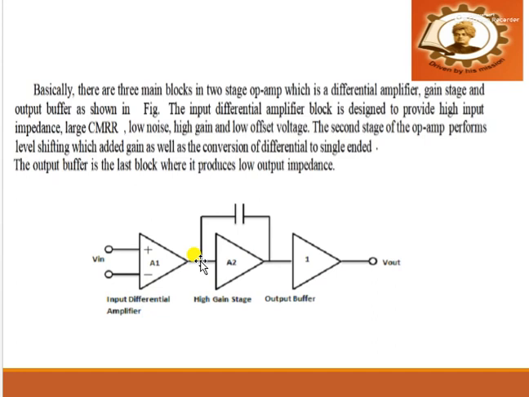The second stage provides level shifting, and also some conversion of the differential input to a single-ended output, and the output buffer provides a very low output impedance. That is the basic characteristics of an op-amp.